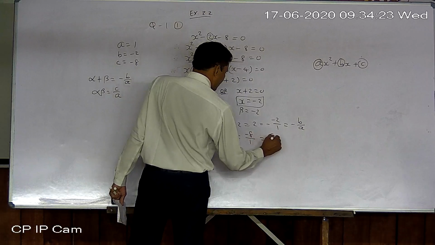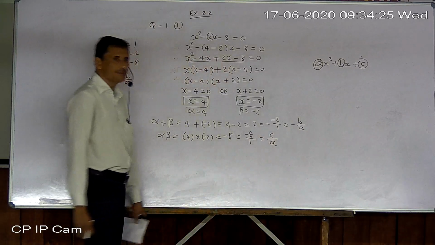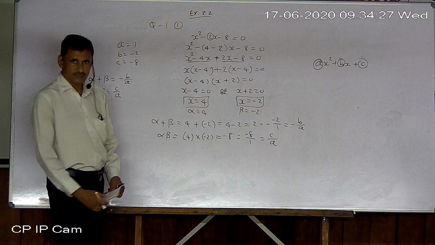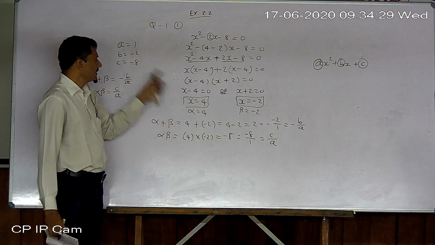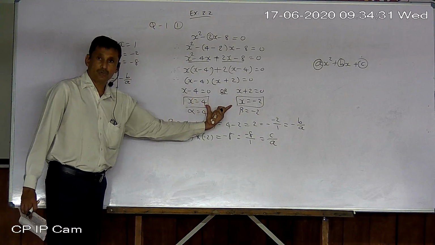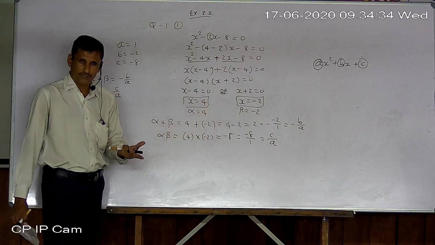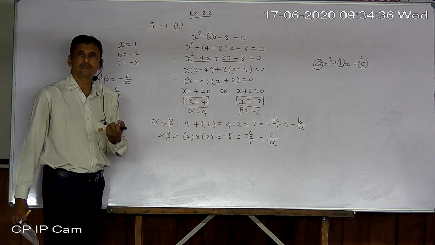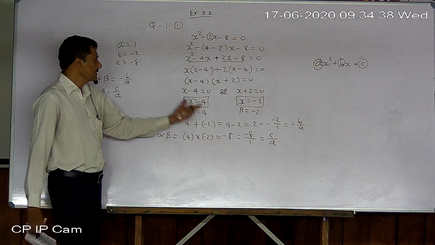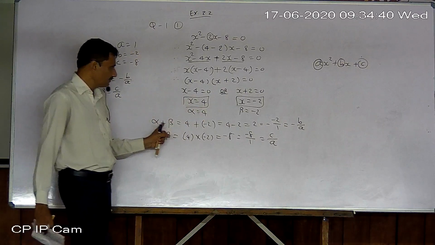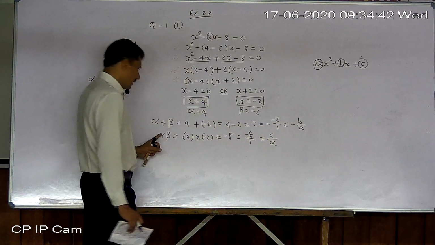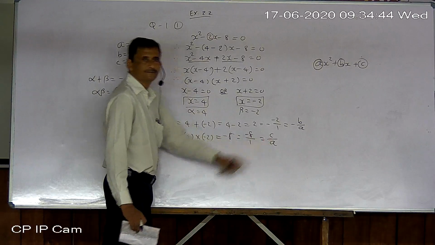Okay. So we established or verified the relation between coefficients and roots, or coefficients and zeros. Zero or root, both are synonyms. So that is the relation between zeros and coefficients: alpha plus beta equal to this and alpha beta equal to this.